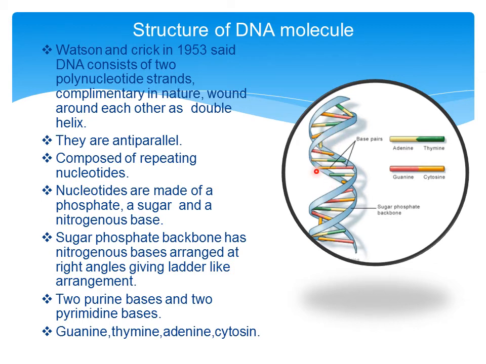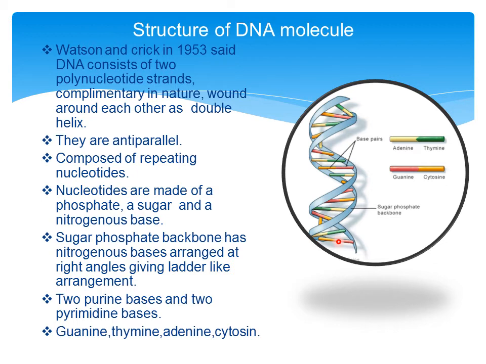We can see one here, another here. These 2 polynucleotide strands are complementary in nature and wound around each other in a double helix. You can see the structure. It is a double helical structure. So in one word, we can say that DNA is a double helix.